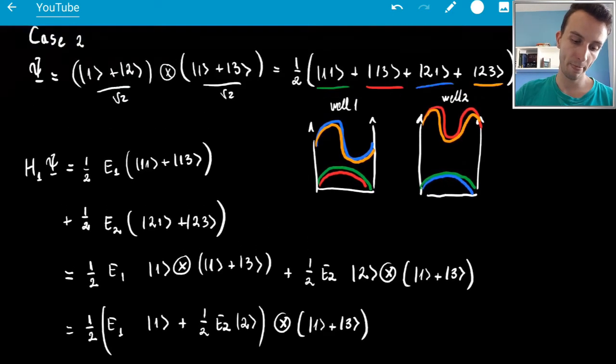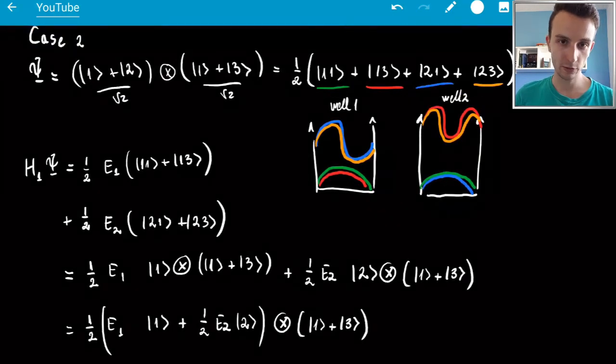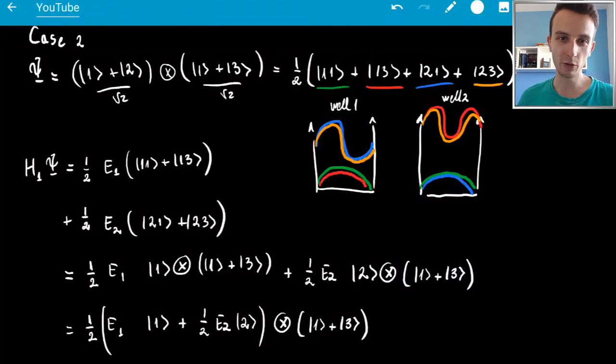The difference from the previous case was that there I would always know, because I have basis states that are eigenstates of the Hamiltonian. Now, both well 1 and well 2 are not eigenstates of the Hamiltonian. So the difference is that I don't know what energy I'll get for sure if I measure.